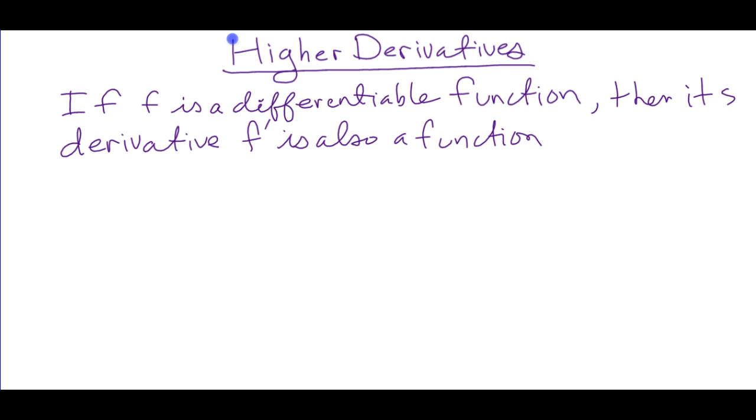So if f is a differentiable function, then its derivative, f prime, is also a function. Right? We know that it's a function. So f prime may have a derivative.